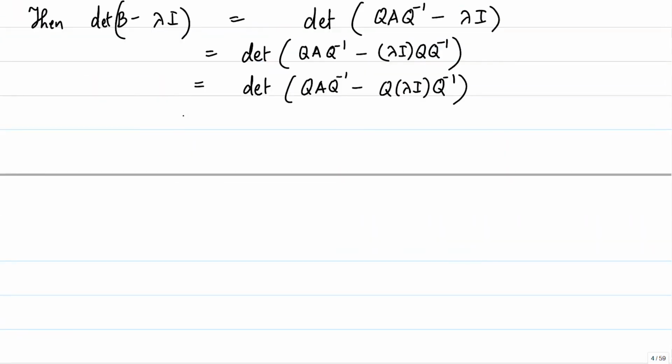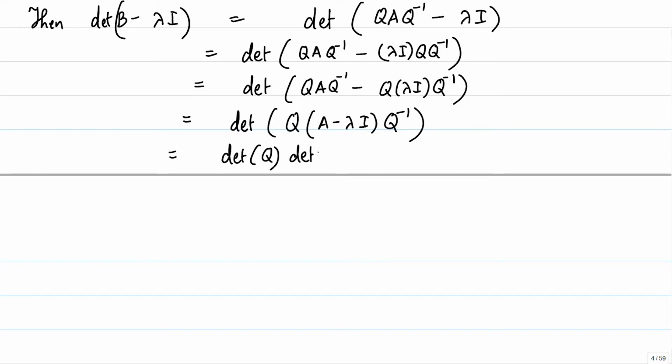That's good, because now we can write this as the determinant of Q times A minus lambda I times Q inverse. And what do we now know about the determinant? Determinant is that special function which, when you apply it to a product of matrices, will be the product of the determinants. So this is determinant of Q, determinant of A minus lambda I, determinant of Q inverse.